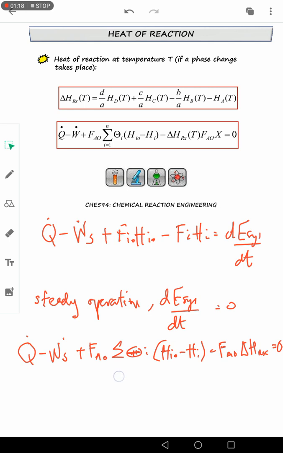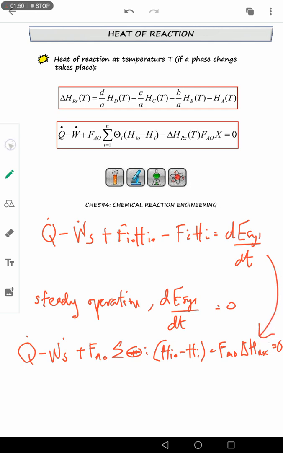So ini juga saya nak awak tengok dalam buku Fogler macam mana boleh dapat equation yang melibatkan flow rate initial dengan jumlah stoichiometric darab enthalpy in tolak enthalpy out ni, kemudian flow rate in, kemudian heat of reaction equals to 0. Saya nak awak tengok macam mana daripada equation ni jadi ke equation ni.